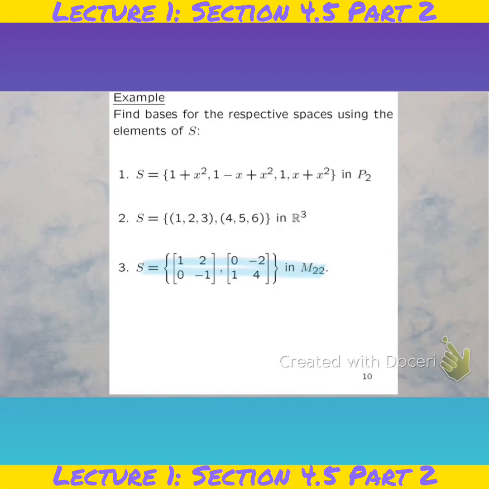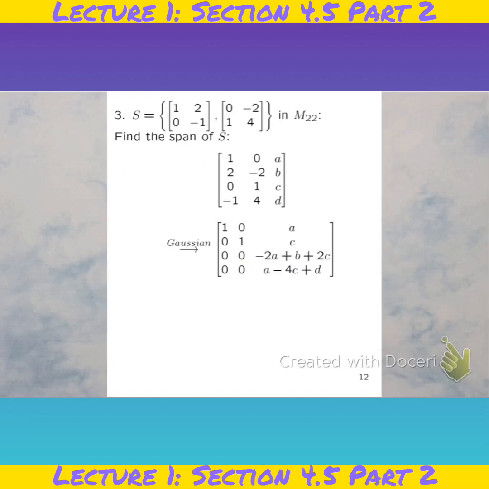Okay, so how do we do this? We need to first see what the span of S looks like, and then we're going to pick a vector outside of the span of S and add it to S. So we take S and we find the span of S. If we pick a vector, let's call that vector A, B, C, D, and now we say that this vector is in the span of S, meaning that it is a linear combination of the other 2 matrices.